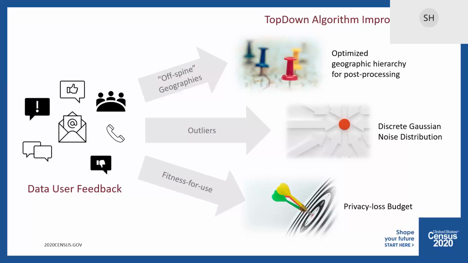So the top-down algorithm, as its name suggests, starts at the nation level and works its way down to smaller geographies. And it does this to ensure that as you examine data for larger and larger geographic entities, the accuracy of the data will get better.